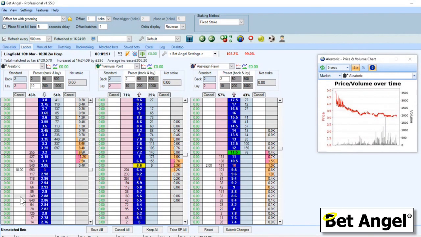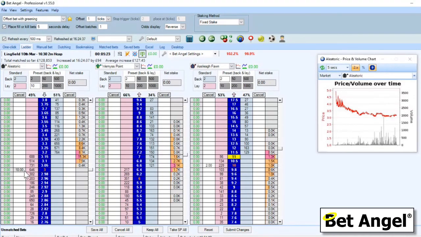We need to keep an eye on that, because if the price does start to rebound, then we need to get ready to cancel that order. So just hover your mouse over that £10 and we'll see how the market develops in the next few seconds or so.